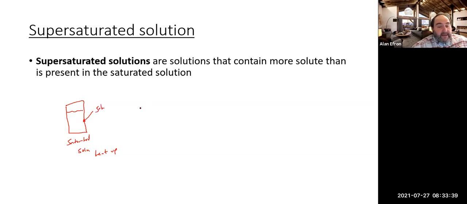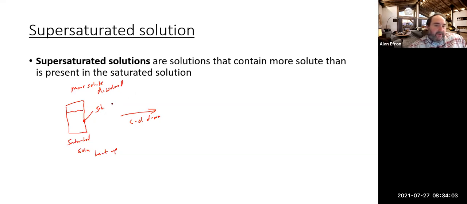Then typically what you do is you cool it down. You've now made the solution by heating it, allowing it to dissolve more solute than it should. But as you cool it down, two things happen.